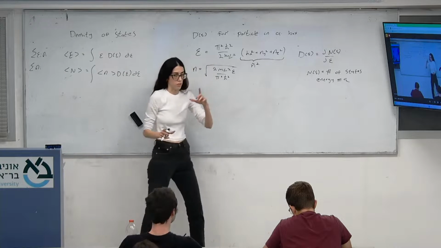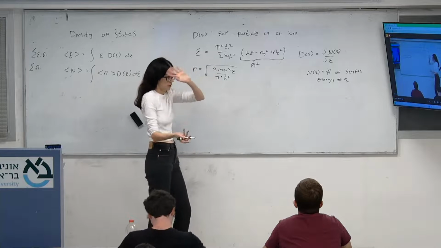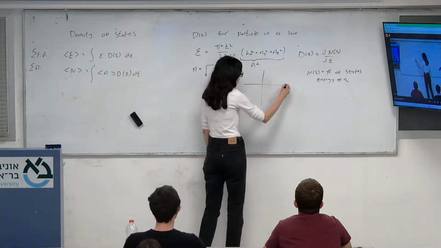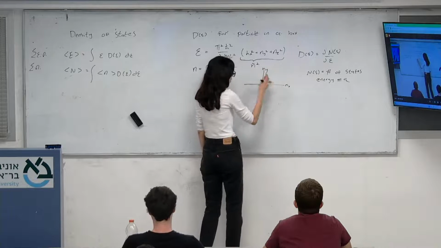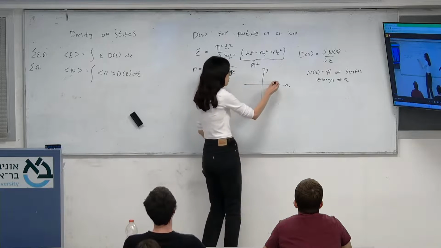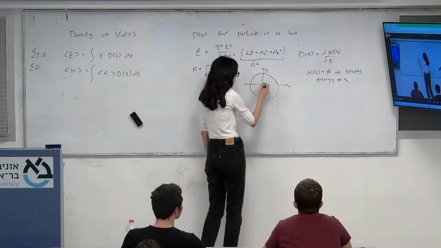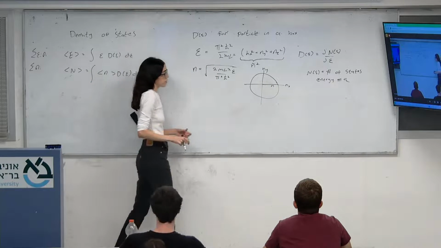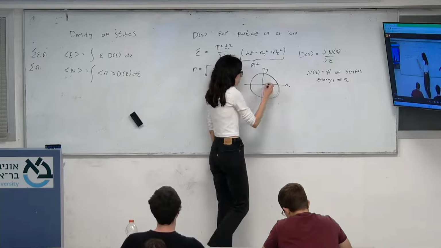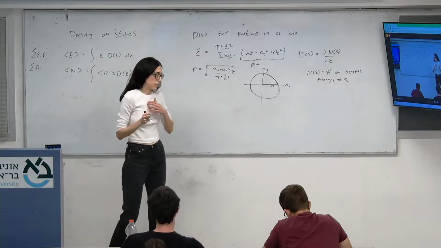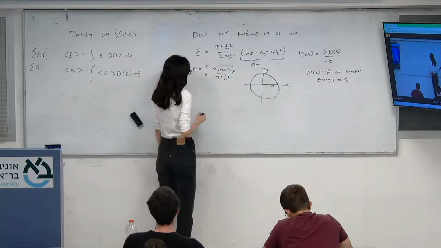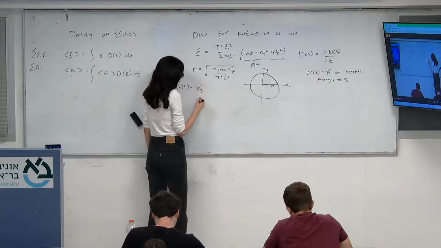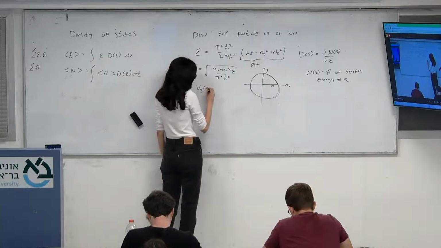So we said that n is like a vector. I cannot plot a 3-dimensional sphere, so let's look at 2 dimensions. We have n_x and n_y, and we have some radius, which is n. It has a specific value. I want the number of states inside that circle, or in our case, inside a sphere, which is a 3-dimensional volume with radius n.